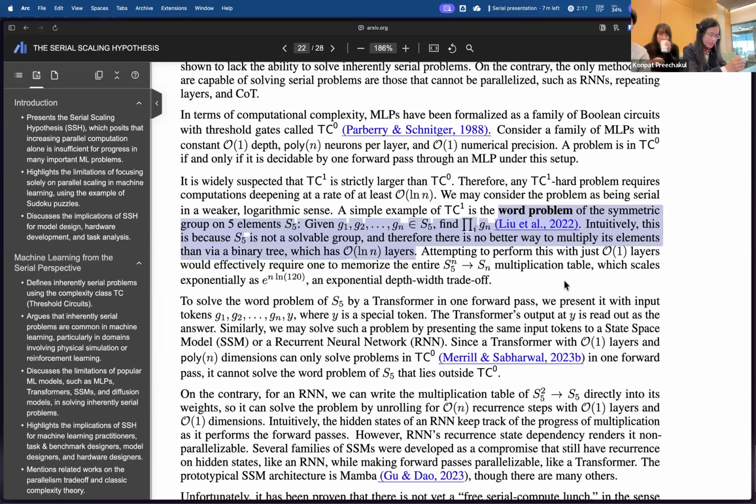It's more difficult than, for example, multiplying elements in a group on a hypercube. That is even more parallel. I think that one is in TC0. Now, multiplying elements in a group is in general TC1 because you can do the binary tree multiplication algorithm.